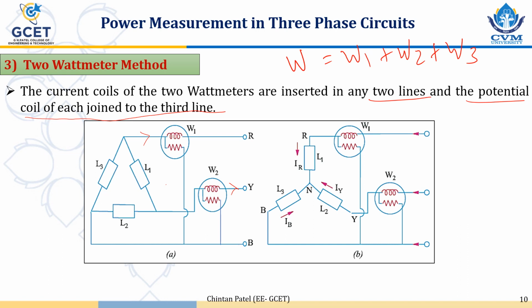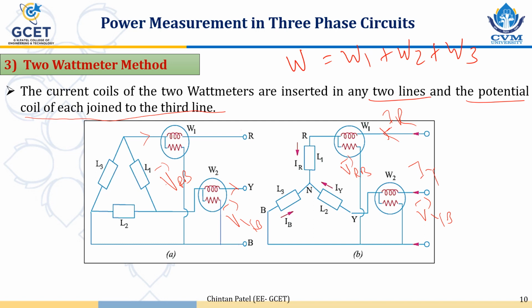Pressure coil of W1 measures the voltage between R and B, so this will measure VRB. Pressure coil of W2 will measure VYB. Similarly in star connection also, this pressure coil will measure the line voltage VRB, and this will measure VYB. The current coils, this will measure IR, and in this case this will measure IY.